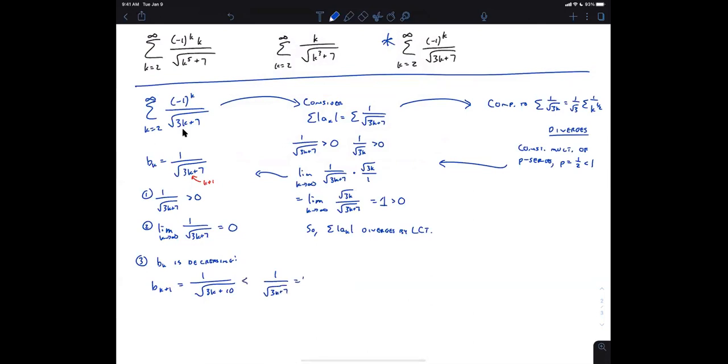Well, that's less than that because the denominator here is bigger than the denominator here and the numerators are the same. So this is our showing that it's decreasing. And that means that the original series converges conditionally by the alternating series test.